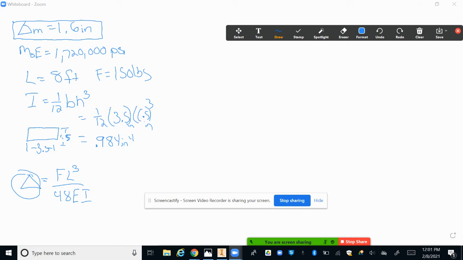So all I'm going to do is plug in numbers. I don't even have to manipulate the equation. Everything should be really straightforward. So the force is 150 pounds. The length of the beam is 8 feet, but I need to change it to inches to keep my units. So I'm going to multiply that by 12 in order to change it over to inches.